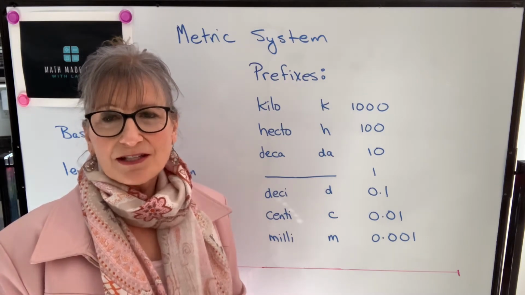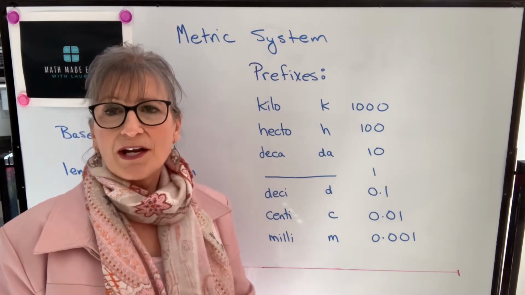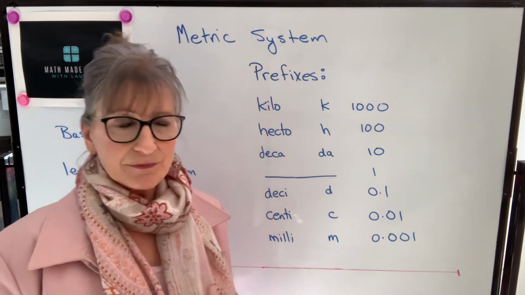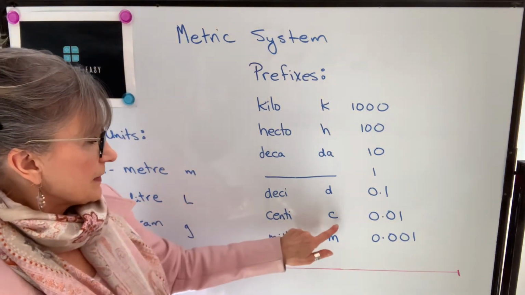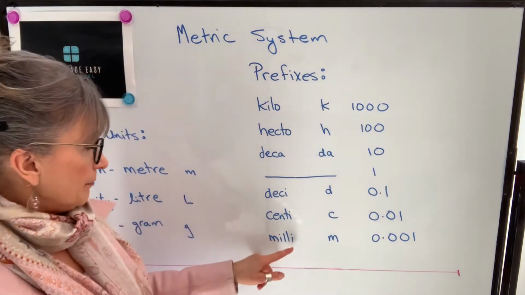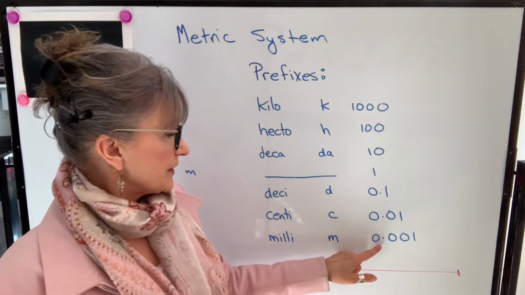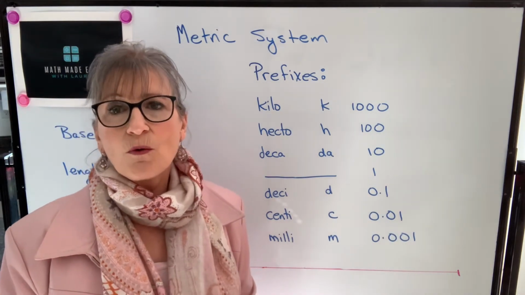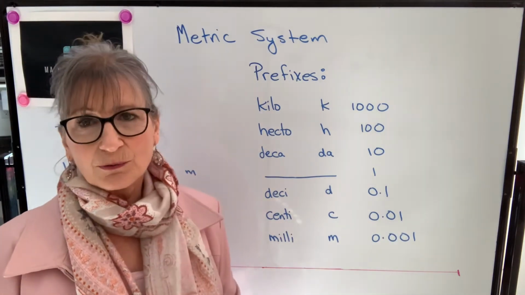So if we attach deci to the base unit meter, 1 decimeter means 0.1 meters. Centi, small c, 1/100th, which is 0.01. And milli, small m, which is a value of 1,000th, or 0.001.